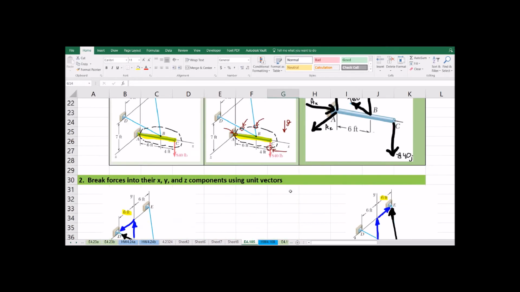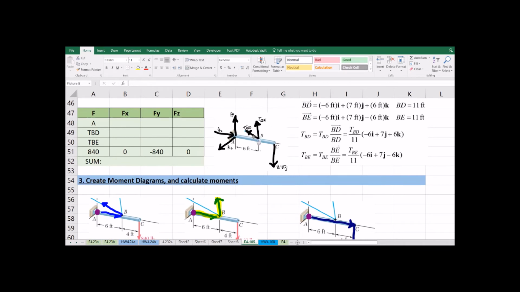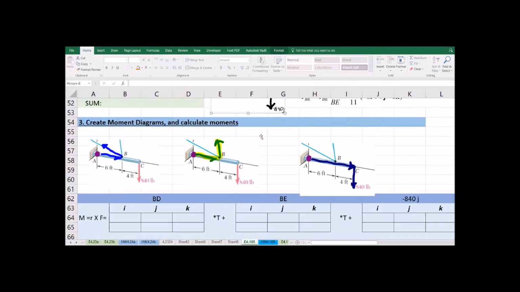And the reason we start with the moments is because we can take the moment around point A, and that eliminates all of the unknowns at point A. So there's no A forces in our moment equation. That makes our moment equations easier to solve, and so usually you're going to start with the moments for this one. Okay, so we're going to take the moment around point A.